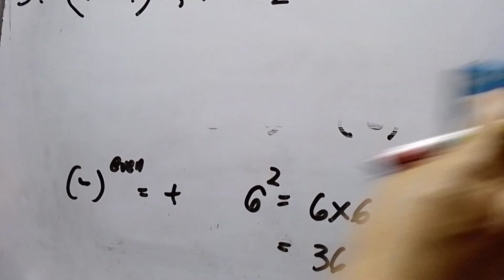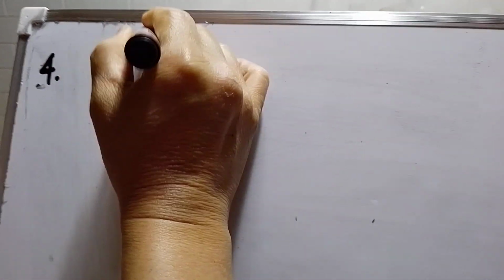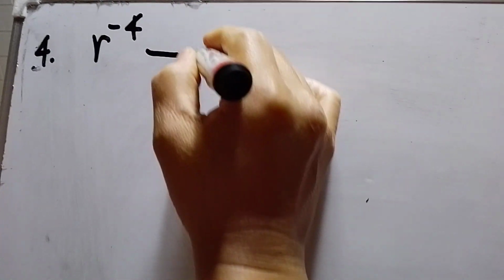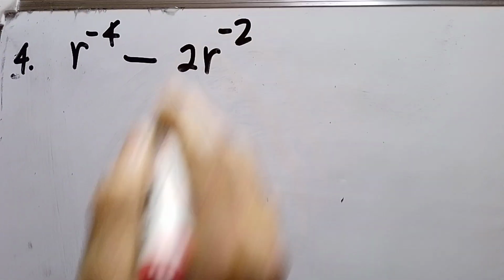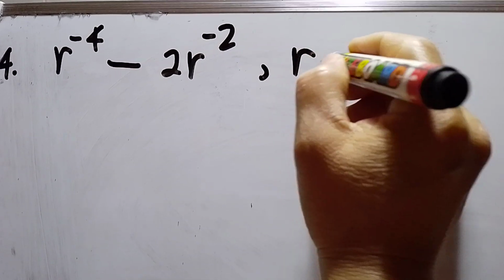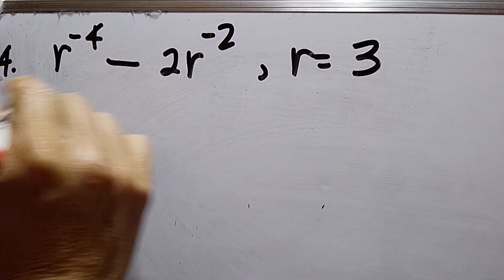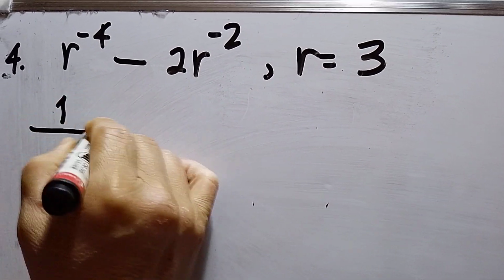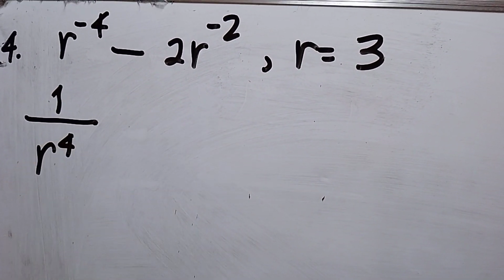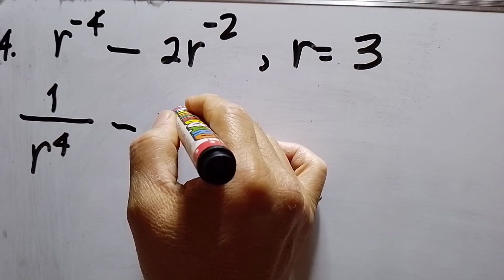Now, move to number 4. Example number 4. R raised to the negative 4 minus 2 raised to the negative 2, where R is equal to 3. Again, using the index laws, this will be 1 over R raised to the positive 4 minus 2.